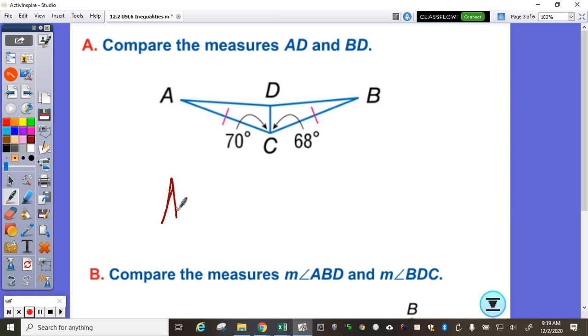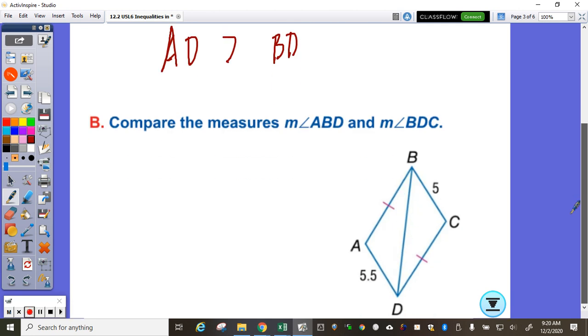What's the relationship between AD and BD? AD is greater than BD. Okay? What's the relationship between angle ABD and BDC? ABD is greater than BDC. Okay? Yes?